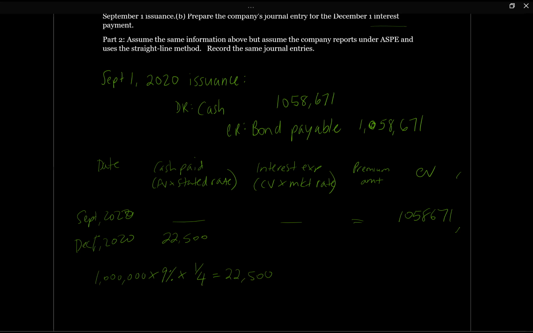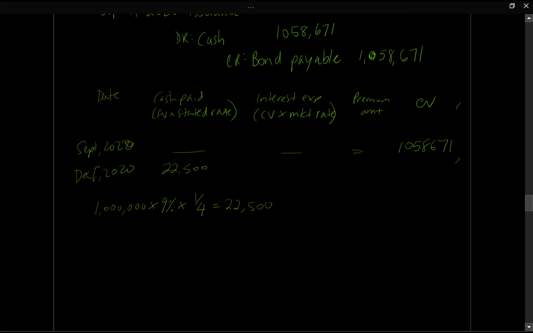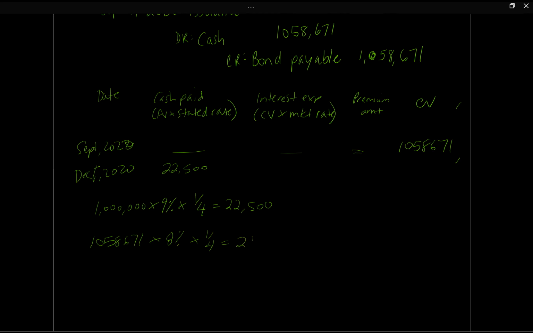Our interest expense is going to be the carrying value of the bonds times the market rate. So we're told in the question that the market rate was 8%. So here we're going to have 1,058,671 times 8%, and then also times the quarter, because these payments are quarterly. And that's going to give us 21,173.